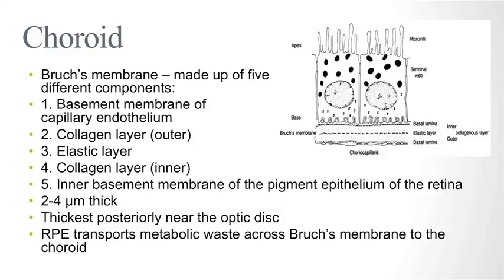Collagen layer, inner. 5. Inner basement membrane of the pigmented epithelium of the retina. It is 2 to 4 micrometers thick, thickest posteriorly near the optic disc. Retinal pigmented epithelium transports metabolic waste across Bruch's membrane to the choroid.